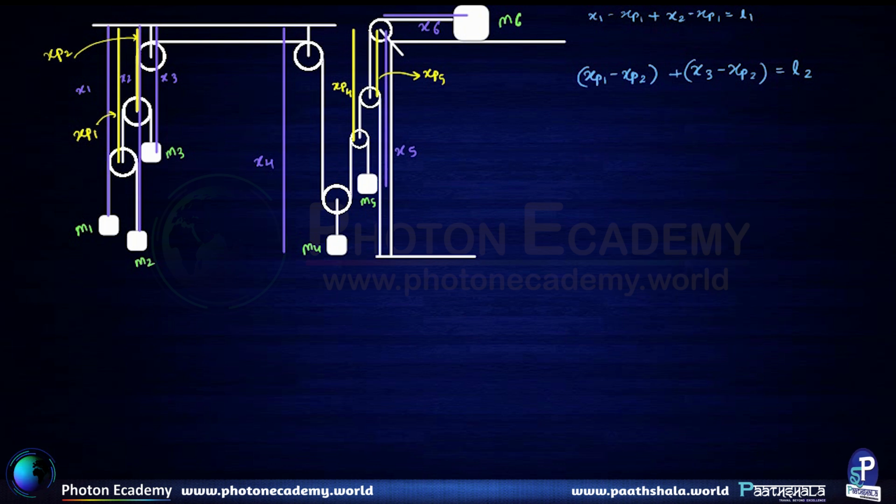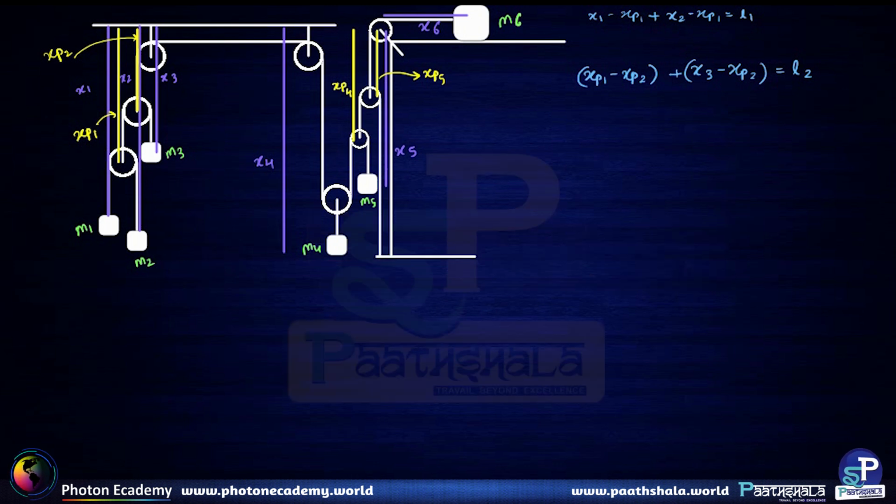For the mass M4, we need to understand that this particular part of the string is constant in length. So this is, let's say, D. This is the D part. So there is a string that is coming like this, see, this much string.